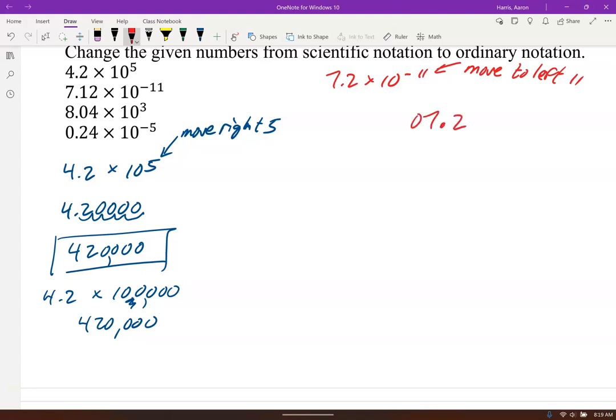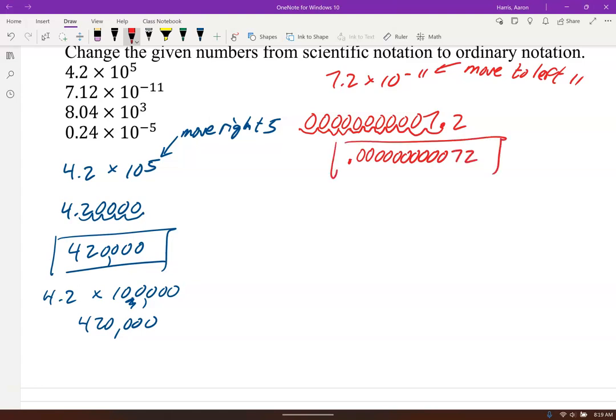So I'm going to go 1, 2, 3, 4, 5, 6, 7, 8, 9, 10, 11. Looks like there's 10 zeros and so on.